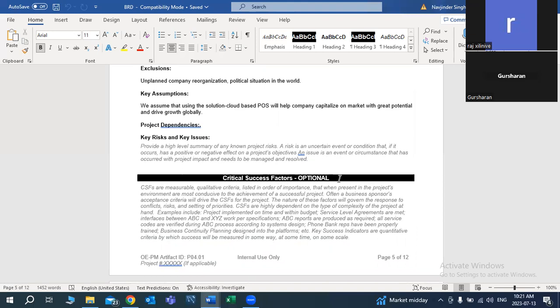What project dependencies have you identified in this?